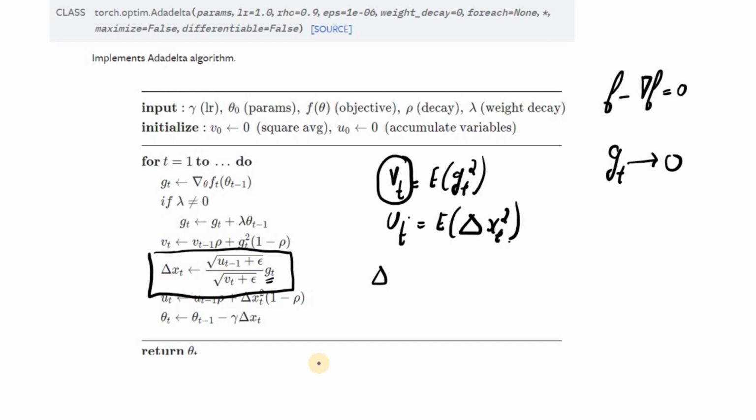So if gt is tending to 0, then it will mean that delta xt, which is some term into gt, will tend to 0 as well. So whenever that happens, we will be able to decay the learning rate in a way that it is minimal whenever it is reaching the minima or the local minima corresponding to the function f.